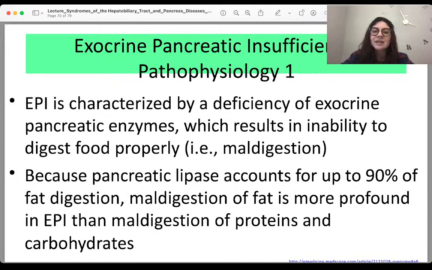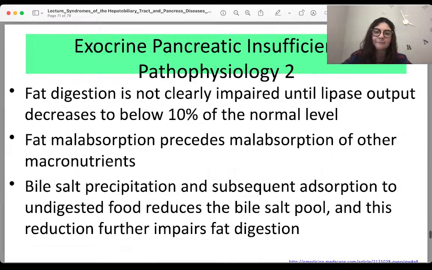Because pancreatic lipase accounts for up to 90% of fat digestion, maldigestion of fat is more profound in exocrine pancreatic insufficiency than maldigestion of proteins or carbohydrates. Fat digestion is not clearly impaired until lipase output decreases to below 10% of the normal level. Fat malabsorption precedes a malabsorption of other macronutrients.